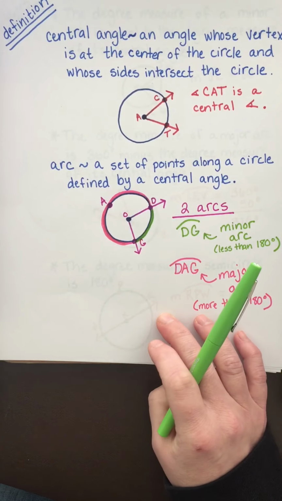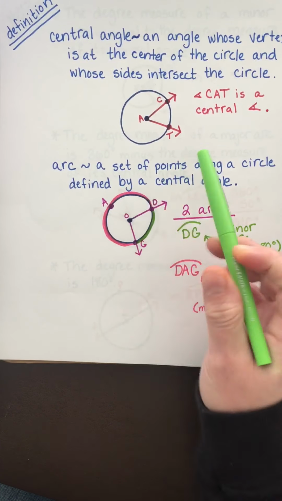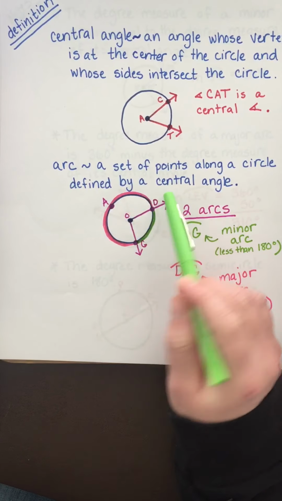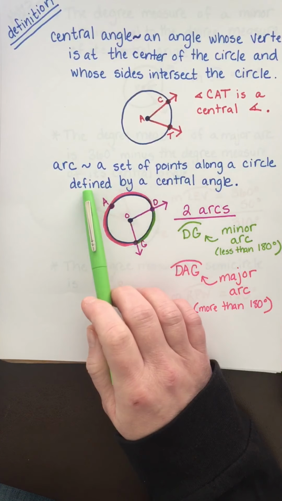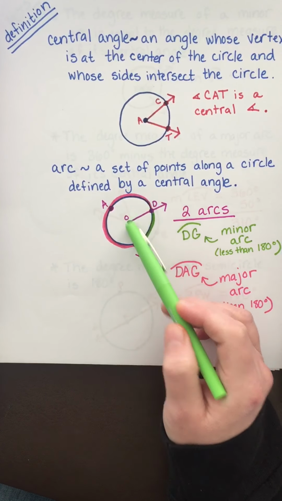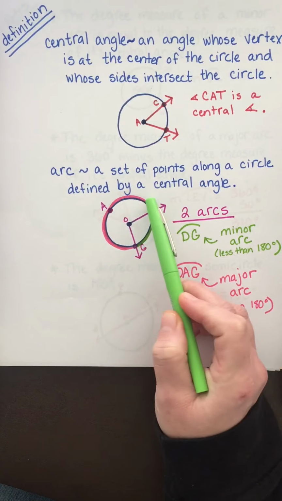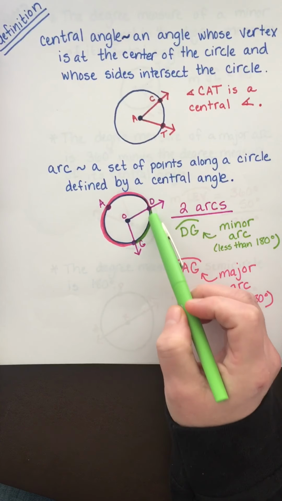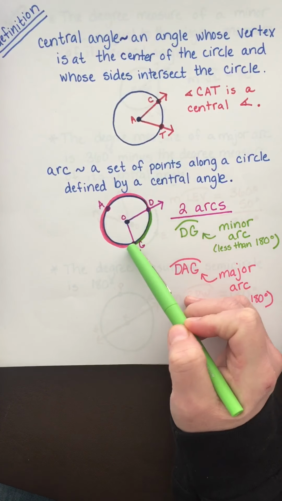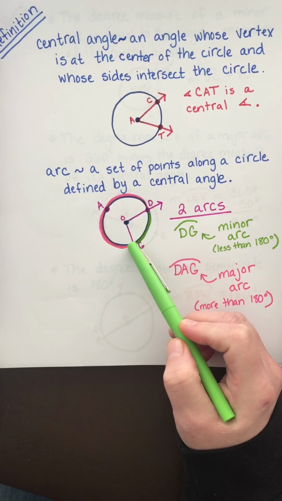And then an arc is the section of circle that is formed by this central angle. It's a set of points along a circle defined by central angles. So here we have the angle DOG, which is a central angle. And then we have two arcs that have been formed. Now the arc DG right here is called a minor arc because it's less than 180 degrees.